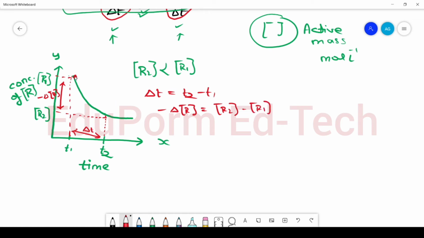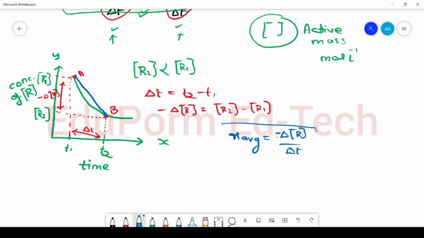And let's say this is point A and this is point B. So the rate that I'm getting through this graph is the rate between point A and point B. So it will be the average rate, represented as R average is equal to minus of delta R upon delta T, where the minus sign represents decreasing concentration of the reactant.